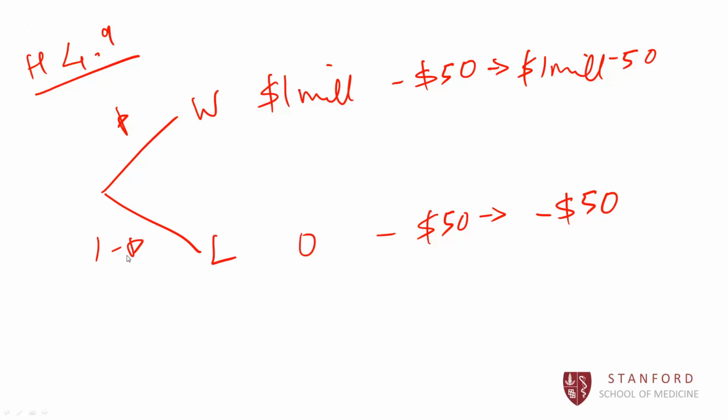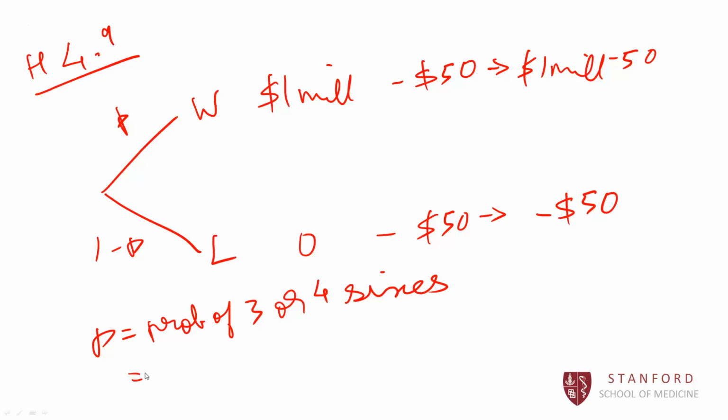Let's find out what the value of P is. The probability of winning is the probability of getting either 3 or 4 sixes. Now we can model each of these 2 expressions using the binomial equation. In this case, we have 4 dice, so n is 4, and the probability of getting a 6 on any one die is 1/6 because this is an unbiased die.